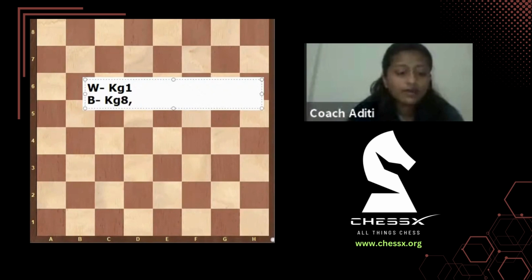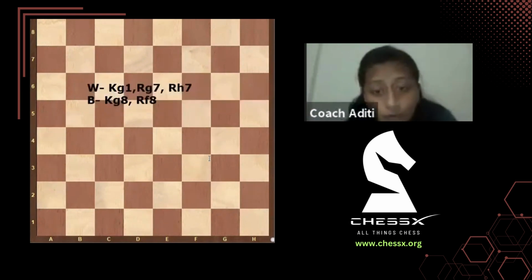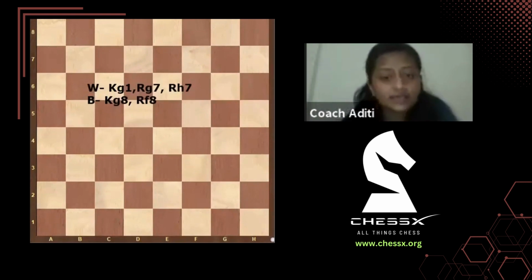Black has a rook on f8. Imagine that white has a king, a rook on g7 and another rook on h7. Imagine this position and tell me what checkmating pattern this is.